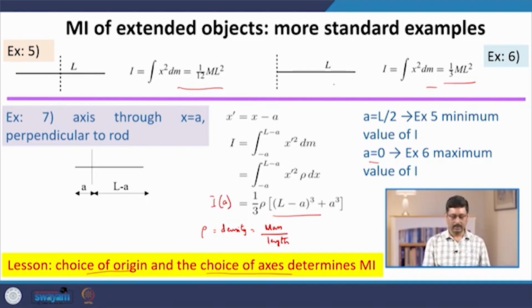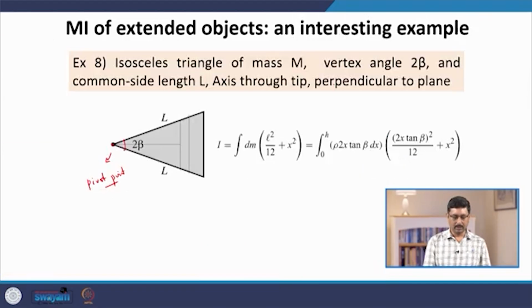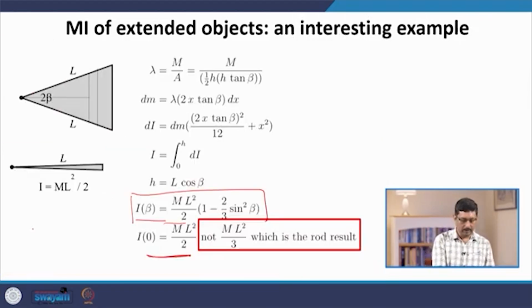Now, we have just calculated the moment of inertia of a rod. If we take this situation where beta tends to 0, this is kind of a rod, this is the pivot point, and we are calculating the moment of inertia about the axis perpendicular to the rod, passing through the end of the rod.